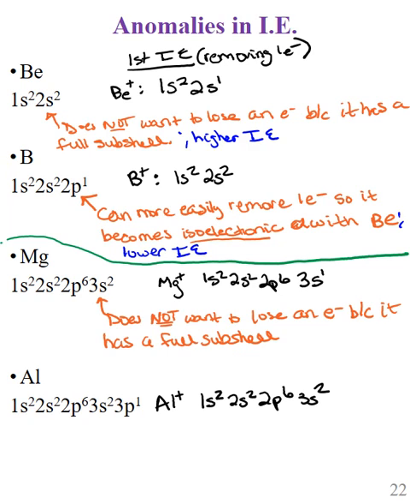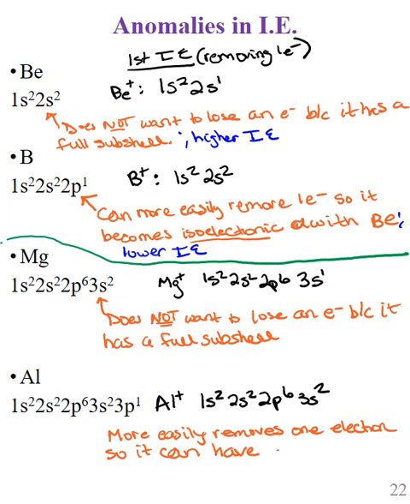So it actually does want to remove one electron. So aluminum can more easily remove one electron, so it can have a full subshell.